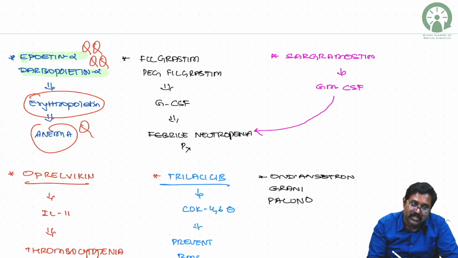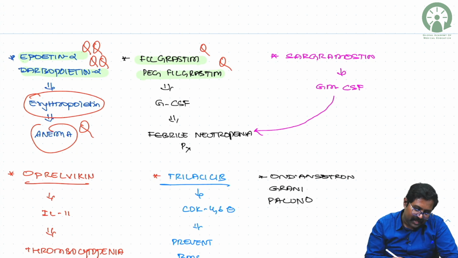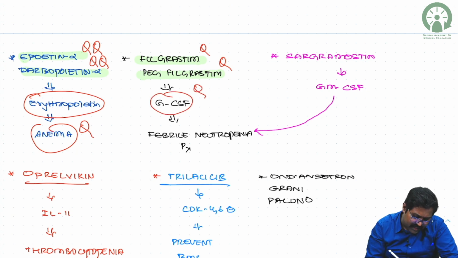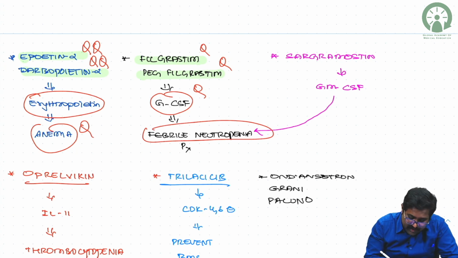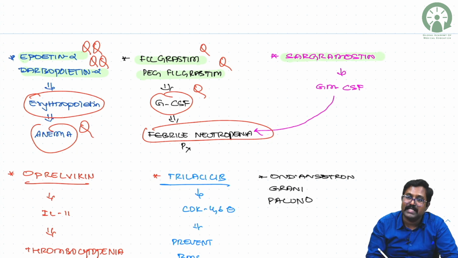The next group is also very, very important: filgrastim and pegfilgrastim. This has been asked many times. Filgrastim and pegfilgrastim are granulocyte colony stimulating factors. They are used in the treatment of febrile neutropenia. There is one more very, very important drug, sargramostim.